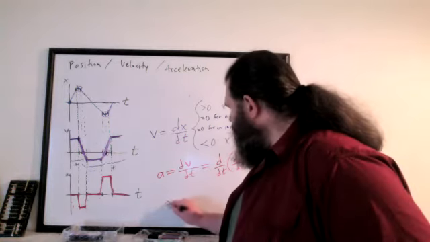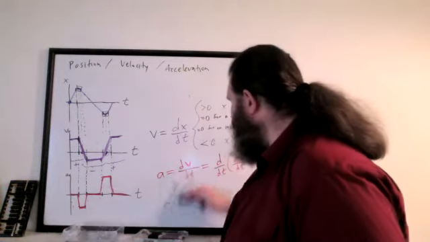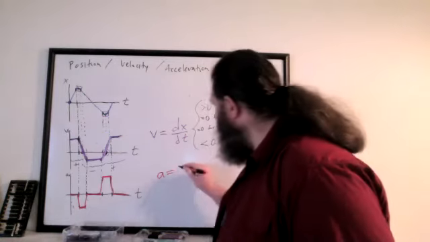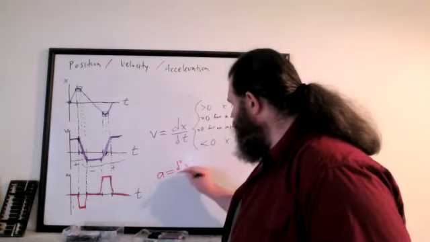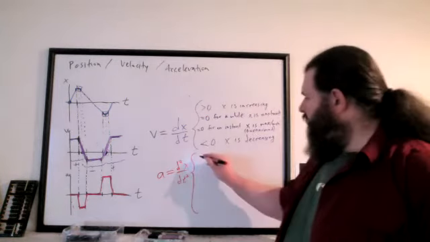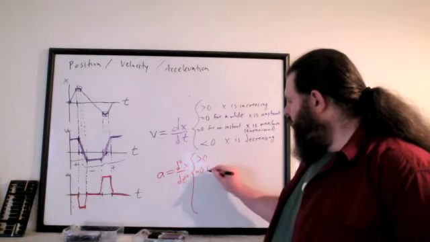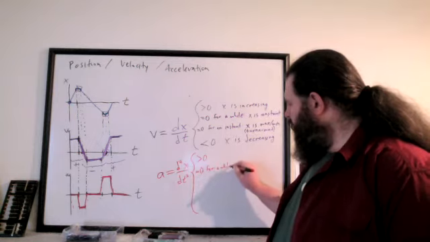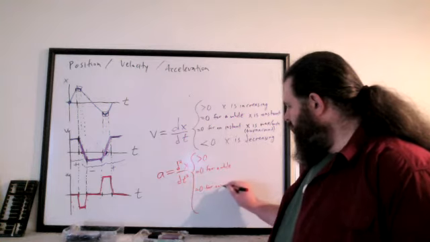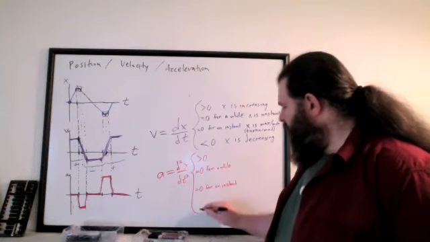So if the acceleration is, and we can split this again into positives, negatives, and zeros. Acceleration is the second derivative of position. That might be positive, might be 0 for a while, might be 0 for an instant, or it might be negative.